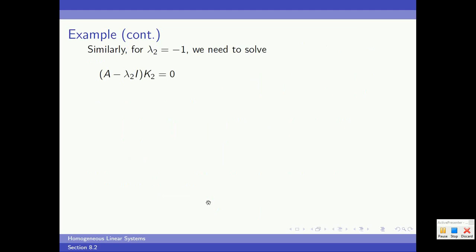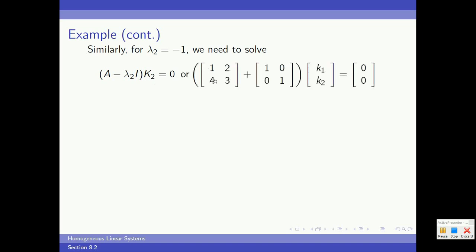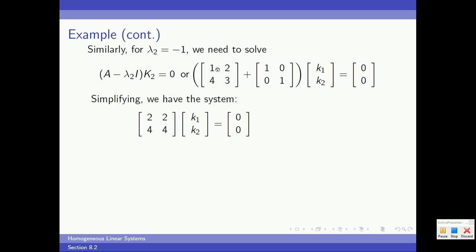Okay, so now we do this for negative 1. Again, we're going to solve this system. We need our K2. So we set up our A. So we have minus a negative 1. This gives me a plus here. We form this. We're going to have 2, 2, 4, 4.